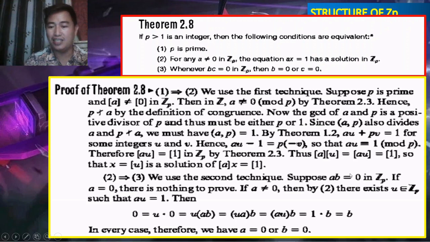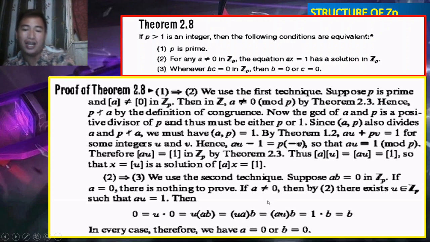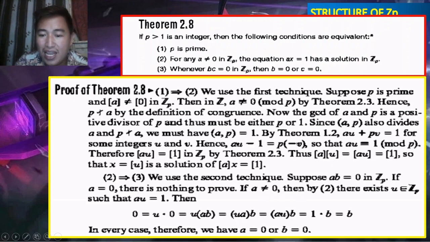Either case, A is 0 or B is 0. So now, if A is not 0, we use part 2, since 2 implies 3. Therefore, there exists U in ZP such that AU equals 1, because AX equals 1 has a solution.